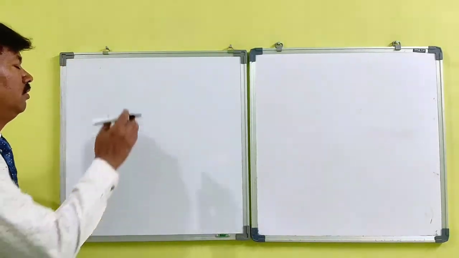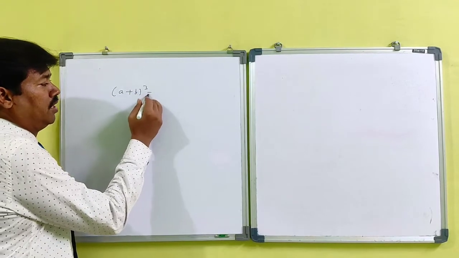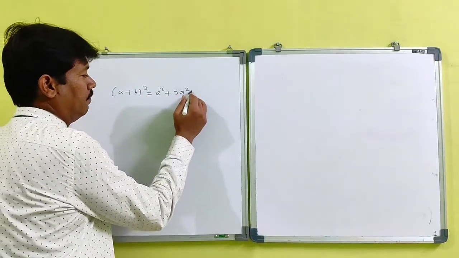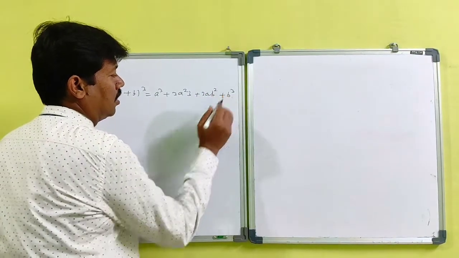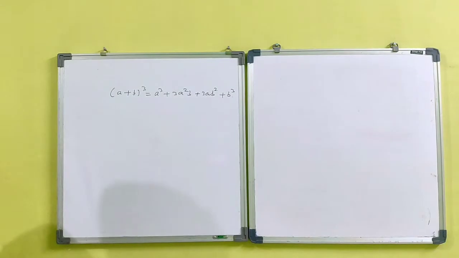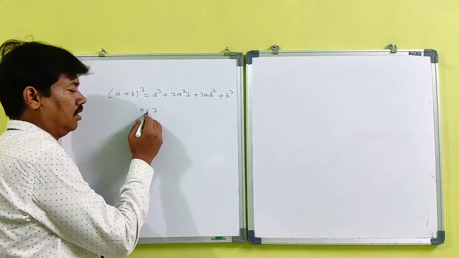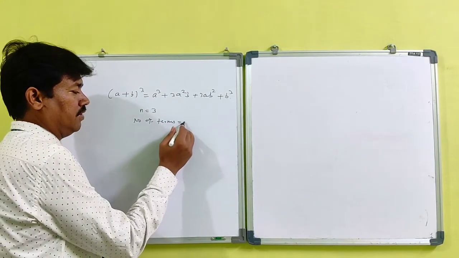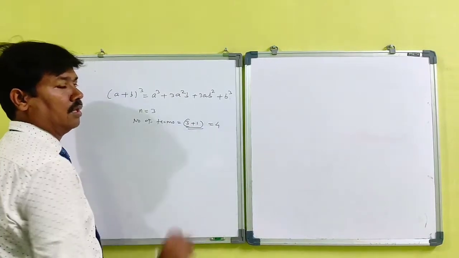If you look at a very simple expression, (a plus b) cube, that is equal to a cube plus 3a square b plus 3ab square plus b cube. Here we already know that when n is equal to 3, the number of terms is 3 plus 1, that is 4.